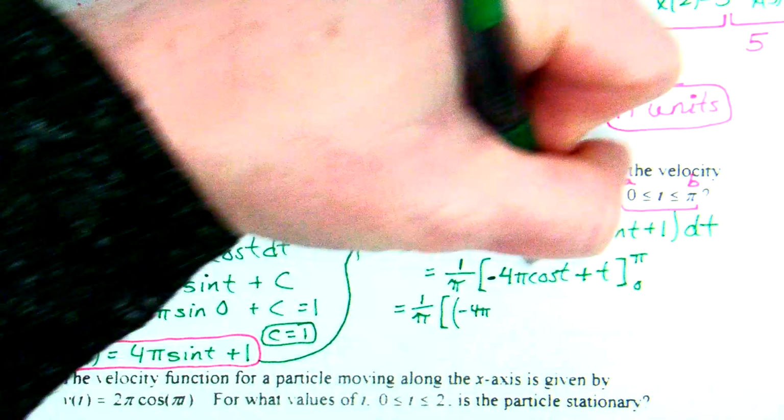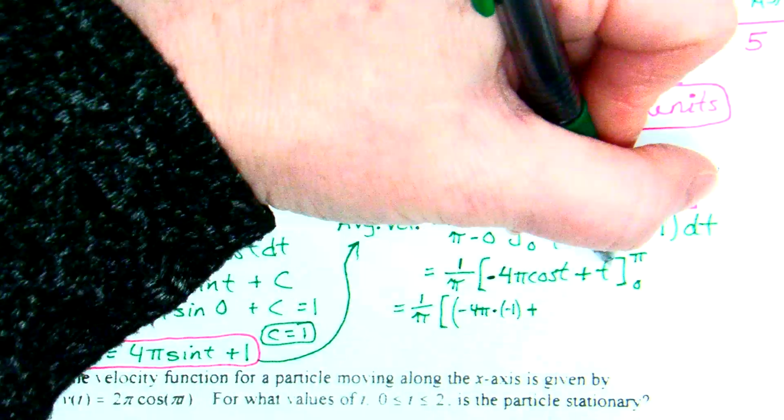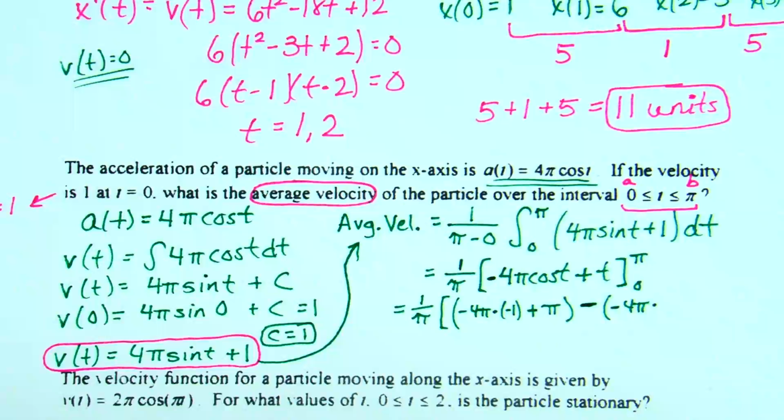Negative 1. Plus t, what am I plugging in for t this first time through? Pi. In the parentheses. And then what do I do before I plug in the 0? Minus. And this time it's negative 4 pi times, what's cosine at 0? 1. Plus t, so plus 0.